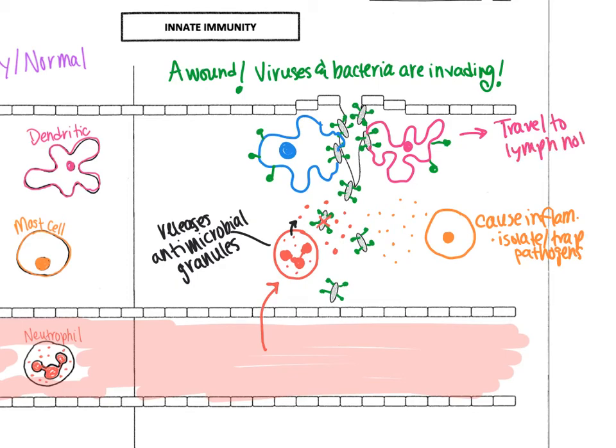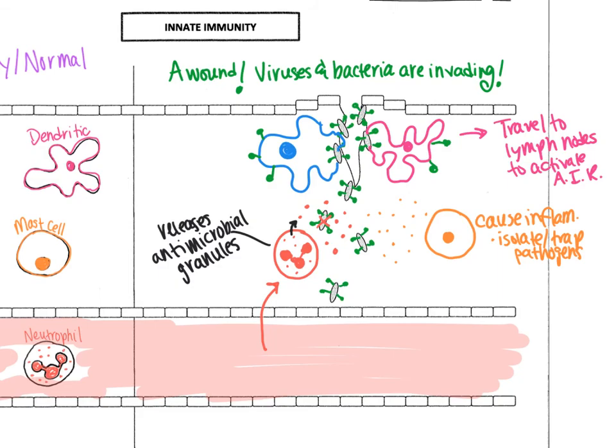Travel to lymph nodes to activate the adaptive immune response. And this would really only occur if this infection were quite serious, if the innate immune system cells and response were not adequate enough to fight this. So that's important to keep in mind too.